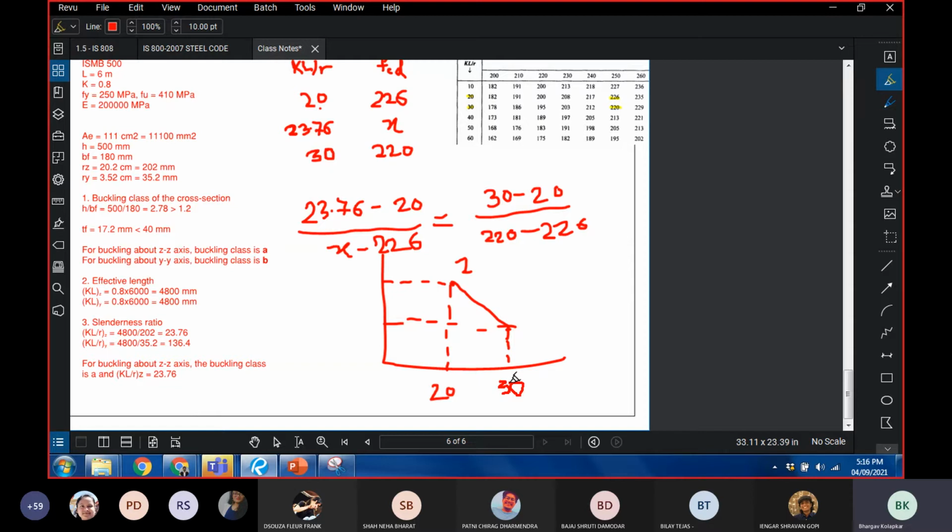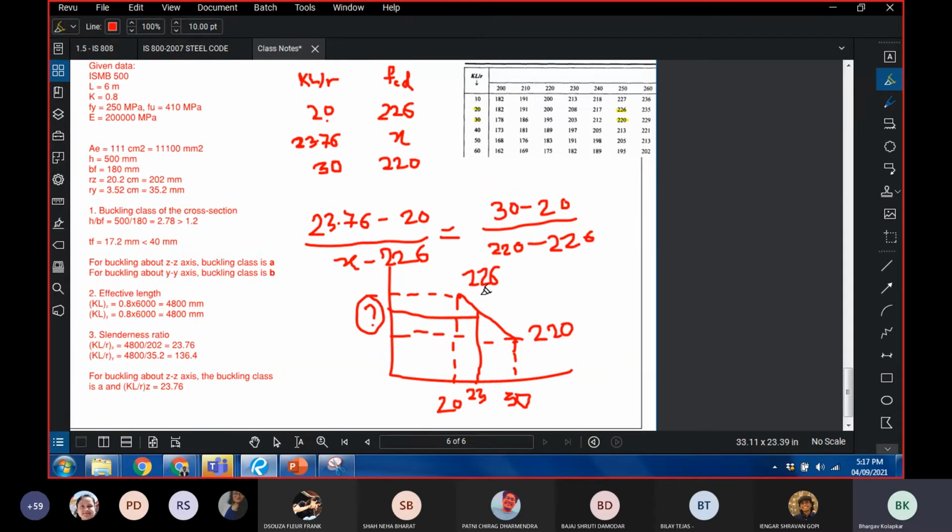Corresponding to this, this is 226 and this is 220. Now we want to find the value for 23.76, so we just have to find this value. We do a linear interpolation. This is how we do a linear interpolation. Is it clear? There are no questions coming from your end, so I highly doubt you're understanding what is happening here.